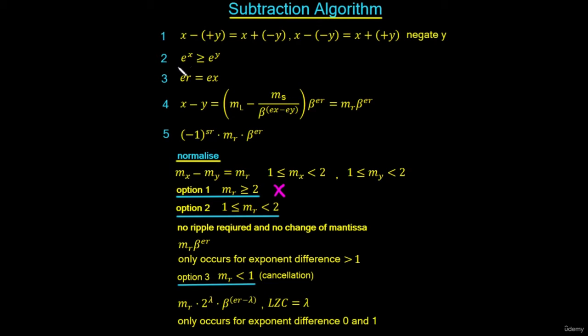Then we're going to again define the value for our exponent, which is greater or less. We want to ensure that ex is always greater than or equal to ey. Again, we set the result tentatively to the exponent of x. We then go through the subtraction algorithm. Now in this subtraction algorithm, we're going to use our 2's complement.